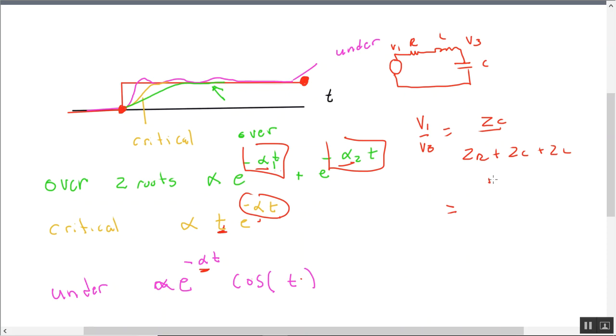And with some algebra, that can be shown to be here. And now you would find where this was equal to 0.